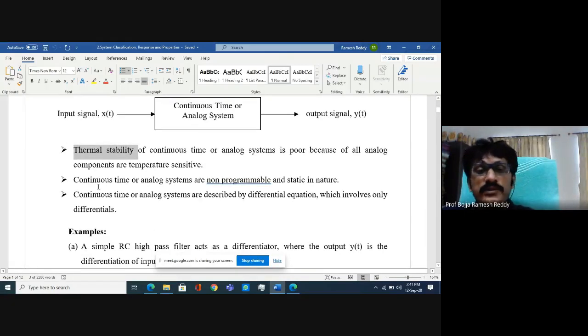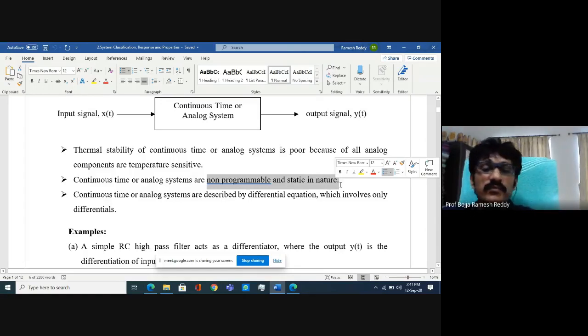And continuous time or analog systems are non-programmable, and they are static in nature. Because suppose there is a task like designing a common emitter amplifier to get some gain, say 10 dB, or input impedance of 1 kilo ohm, or output impedance of 5 kilo ohm.